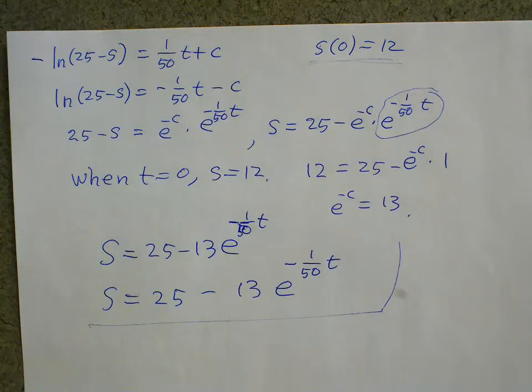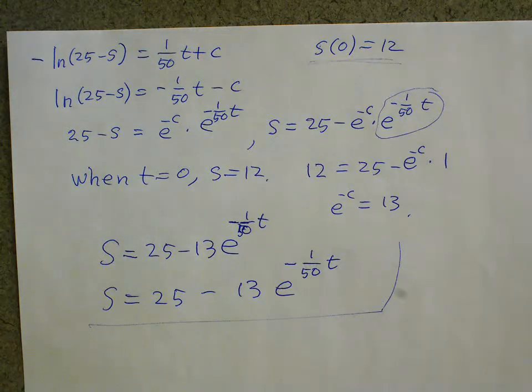If u is 25 minus s, then du is -1 ds. So I compensated by, I just basically skipped a step. I put a negative so that we had a negative ds, compensated by multiplying -1 on the outside. Okay, thank you.